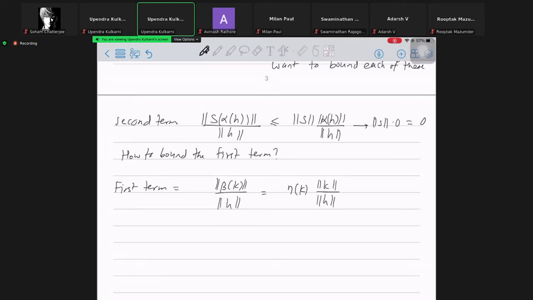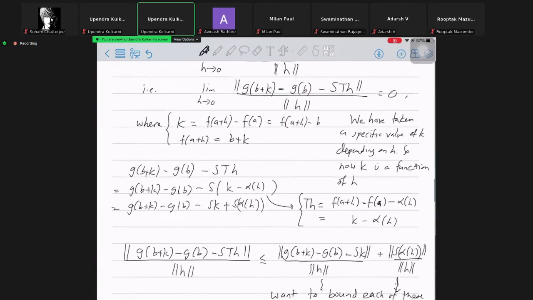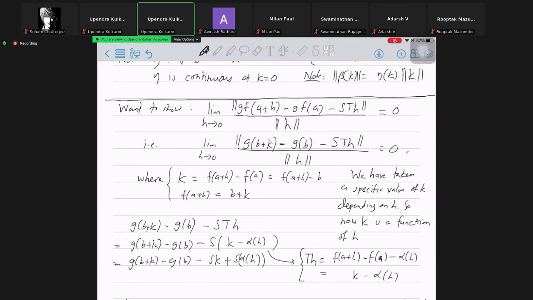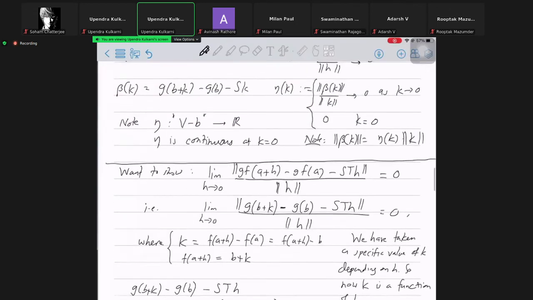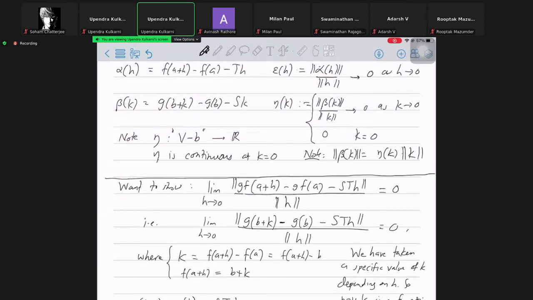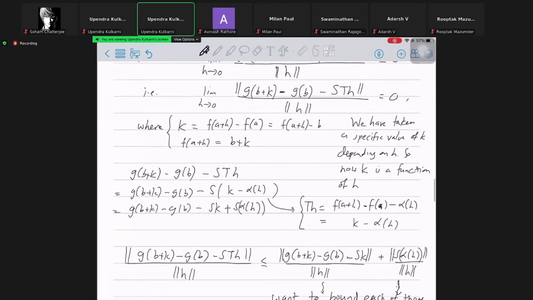So let's estimate k. What was k? Let's again remember, I have taken a specific value of k. I want to do this in terms of T. So this is the equation that I want to have. T of h is k plus alpha. So I'm going to write k as T of h plus alpha of h.